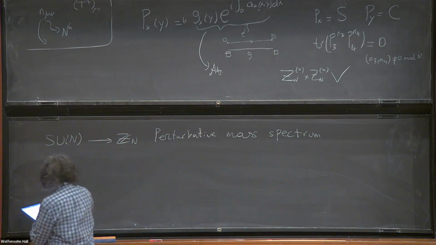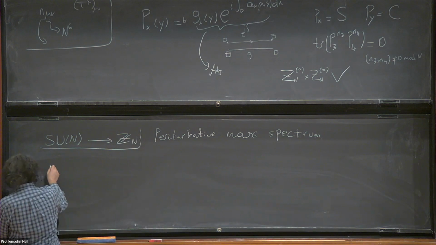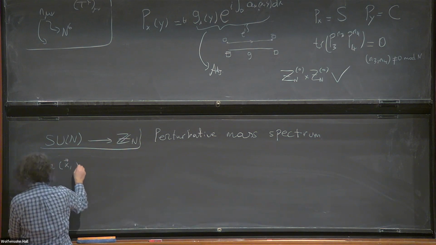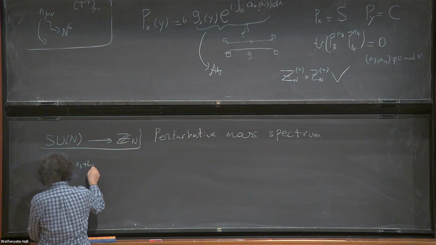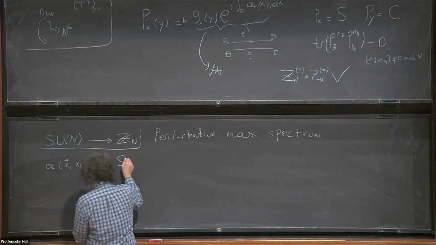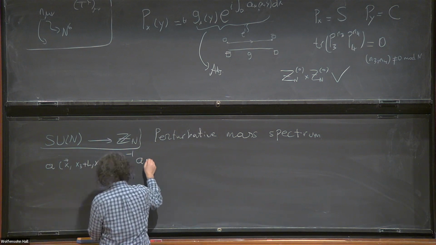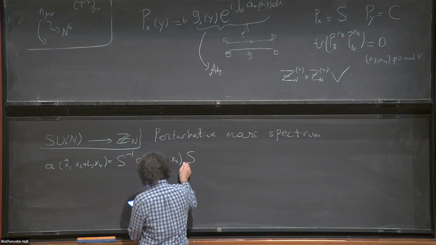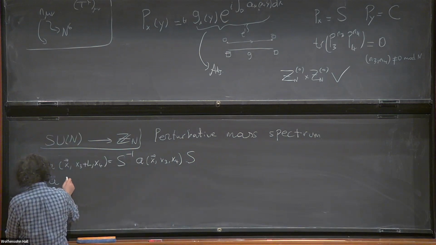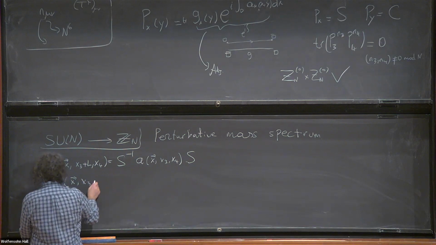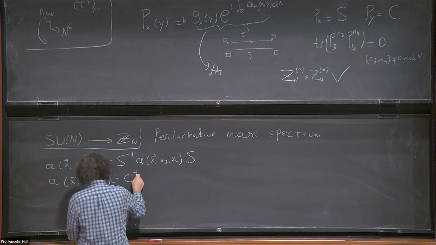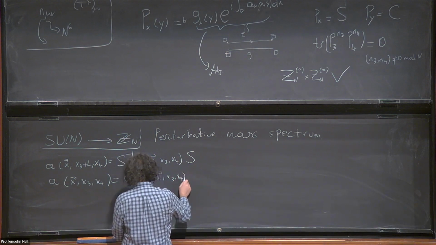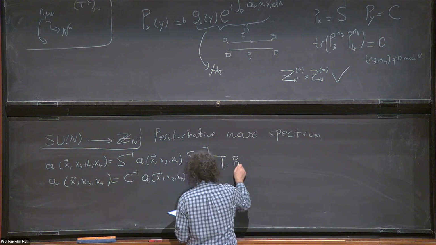We are using some gauge fields, A(x, x3 + L, x4) equal to S inverse A(x, x3, x4) S. Again, I am writing my twisted boundary conditions, A(x, x3, x4 + L) equal to clock inverse A(x, x3, x4) clock. This is the twisted boundary condition of 't Hooft.